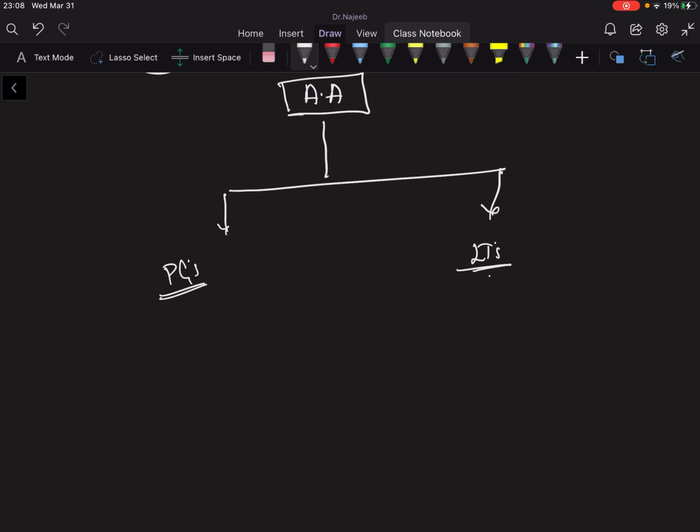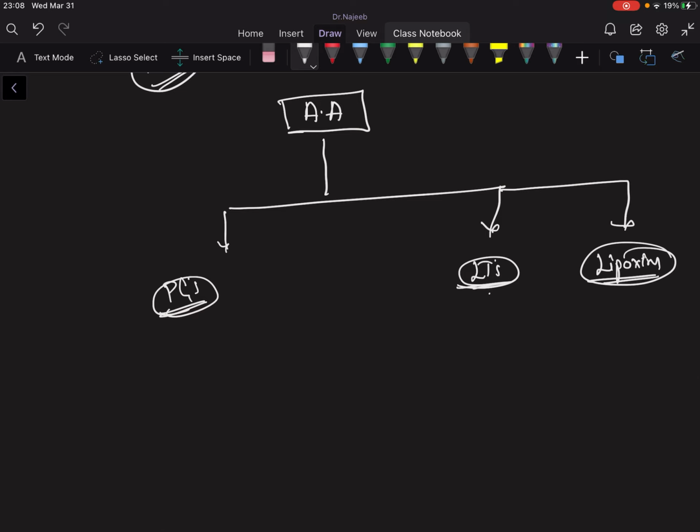Not only that, they will also form lipoxins. So these products coming from the arachidonic acid are called eicosanoids.